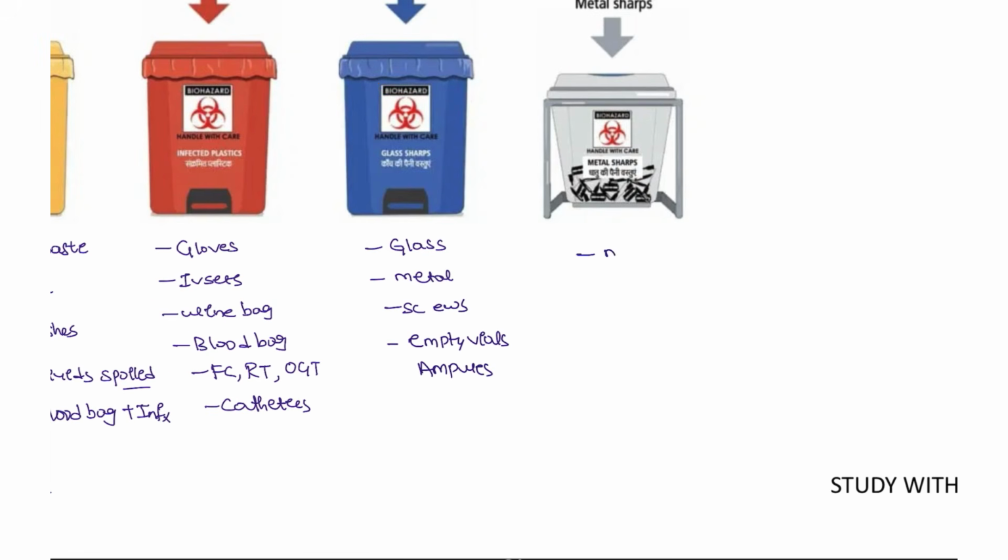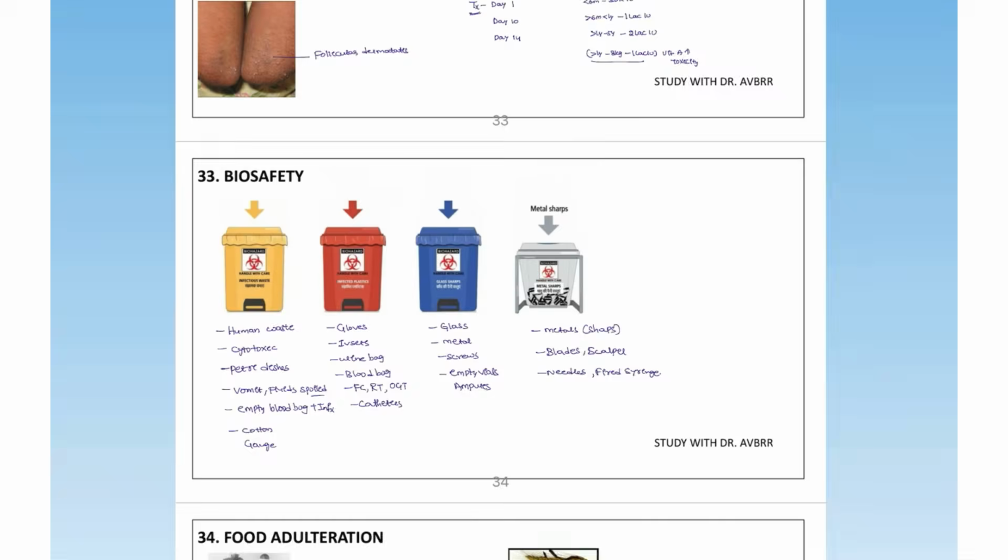And white color is mostly metals, which are considered as sharps, okay, not other metals but sharps, or blades, scalpel, needles, right, fixed syringe. Fixed syringe is also thrown in the white color one.